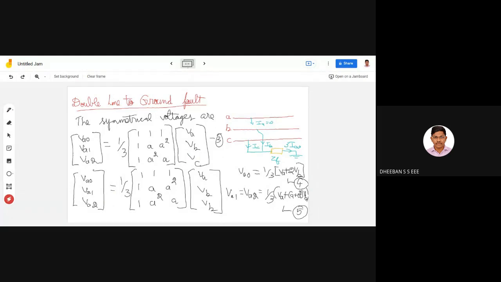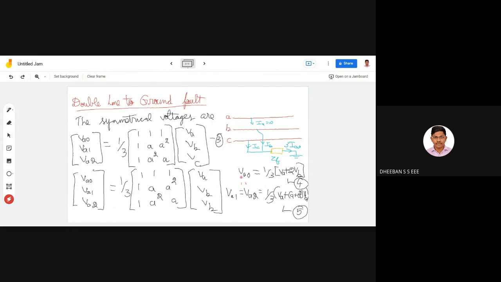So from this you can say that both your positive sequence component and your negative sequence component, VA1 and VA2, are parallel to each other. Whenever they are parallel to each other, the potential drop will be the same. Basic law. So from this you are determining your VA0.